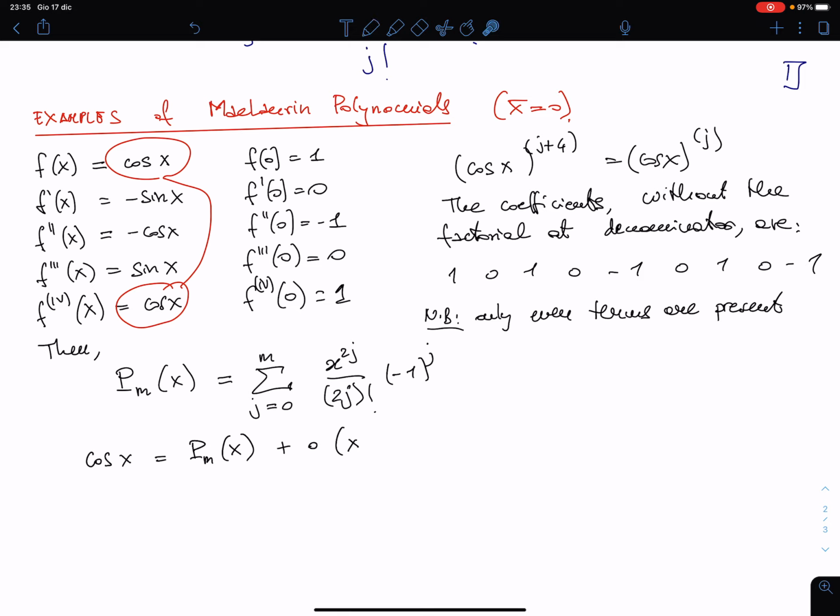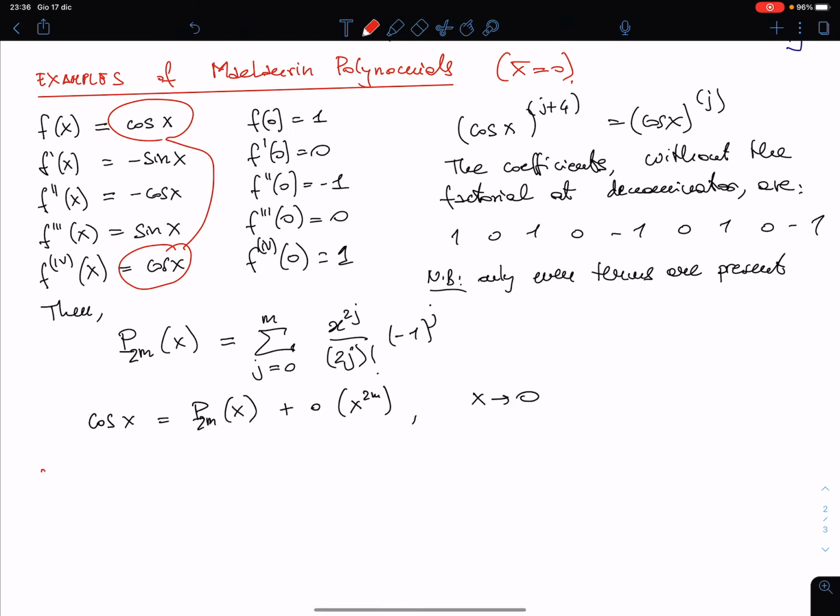That is, here the polynomial Pm, sorry, this is not Pm, I was wrong, this is P2m. P2m is of degree 2m, so this is little o of x to the 2m for x going to 0.